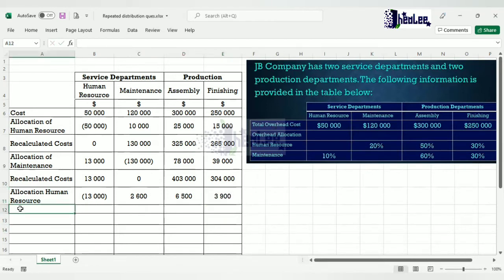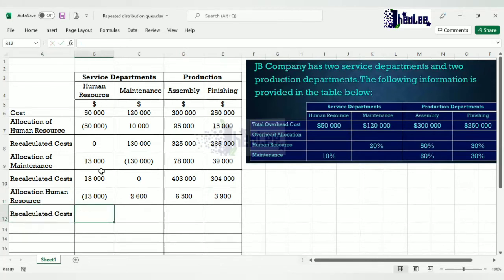Now we need to recalculate the cost, so recalculated cost. For the human resource, we have allocated all of that. So we're left with $0. The maintenance, it was 0 before. This step, we're adding 2,600 to it. That is 2,600. In that, the assembly was 403,000.